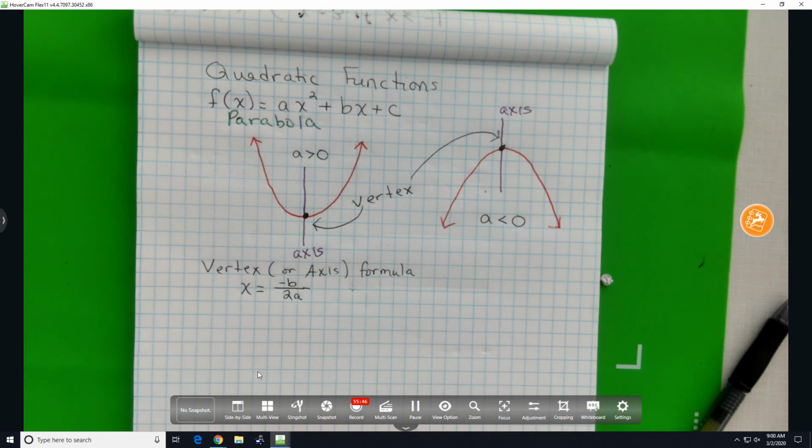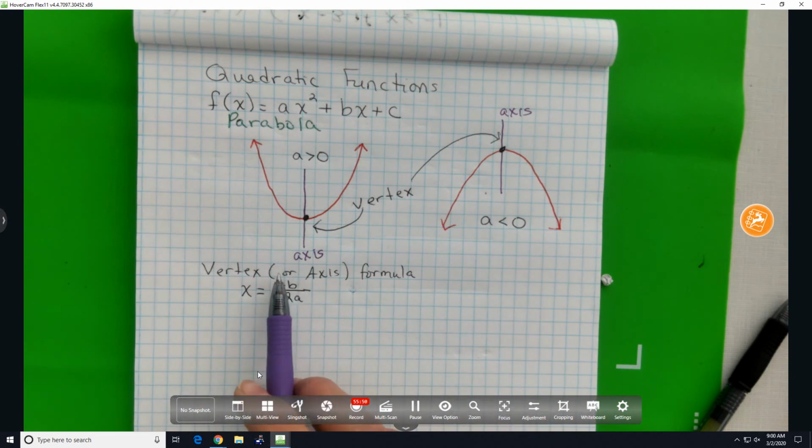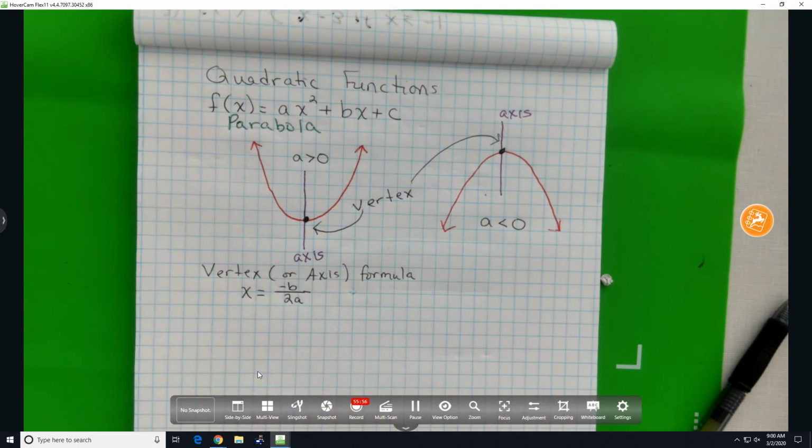This vertex formula is the quadratic formula without any of that plus or minus square root stuff. Negative b over 2a. The vertex or axis formula. You can call it either one, the vertex formula or the axis formula. You'll see why I say either one is fine.